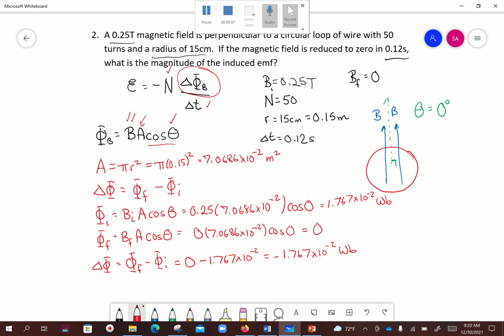All right, so now I'm finally ready to plug it in to my equation for the EMF up the top. So EMF is equal to minus the number of turns times the change in flux over the change in time. So that's minus, the number of turns is 50. The change in flux is minus 1.767 times 10 to the minus 2. And delta T is 0.12 seconds.